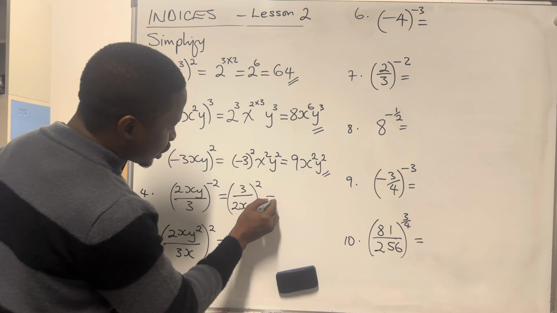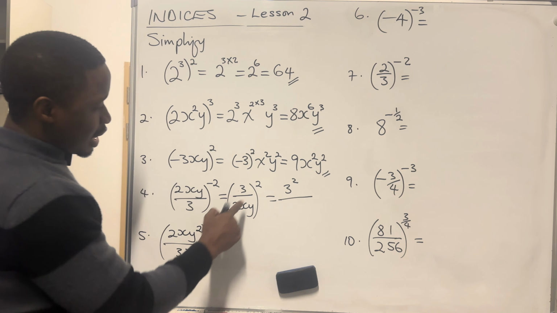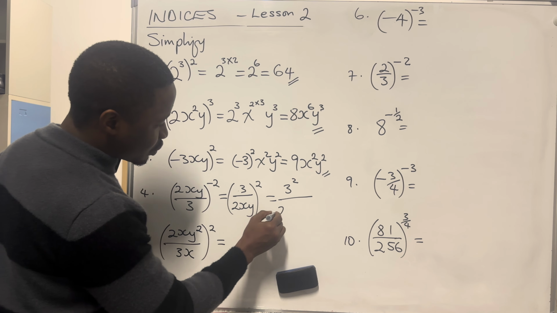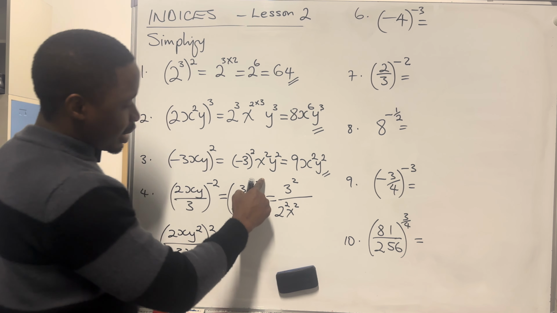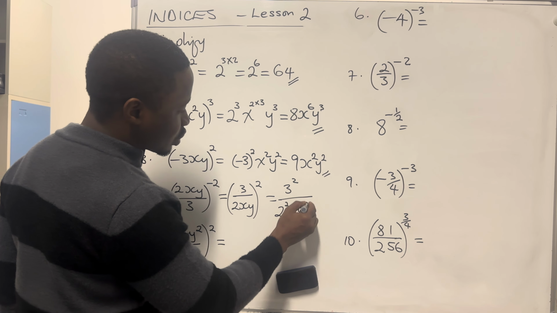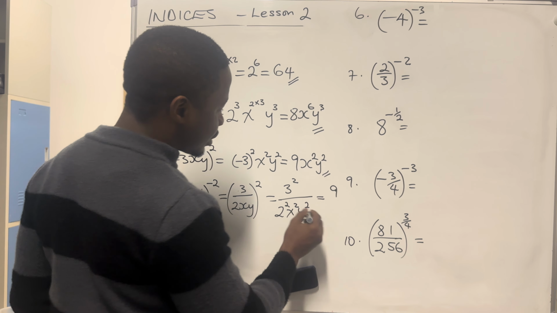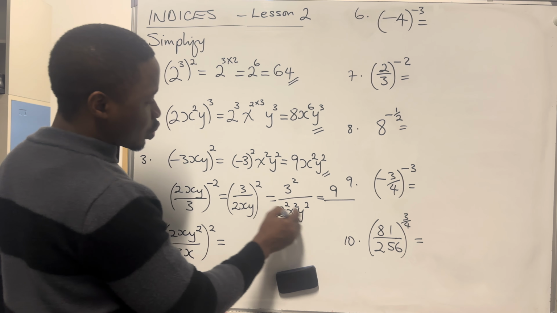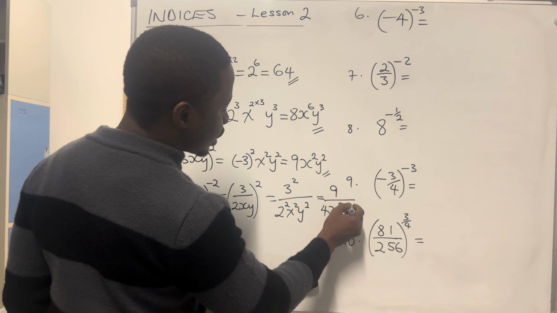So if this square affects 3, we get 3 squared. If this square affects 2, we have 2 squared. This square affects x, we have x squared. This square affects y, we have y squared. So 3 squared is 9. 2 squared is 4. X squared, y squared.